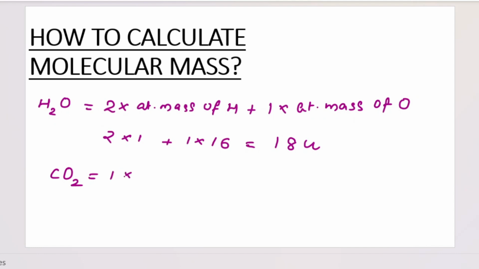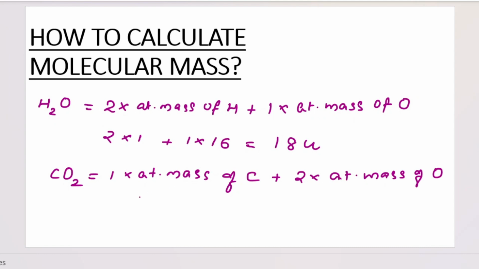So 1 into atomic mass of carbon. 2 atoms of oxygen are there in carbon dioxide. So it will be 2 into atomic mass of oxygen atom.